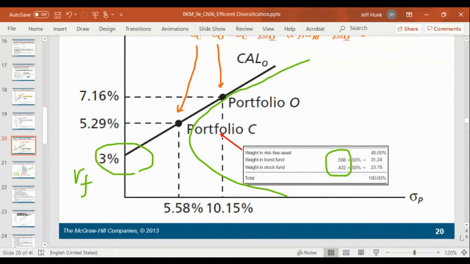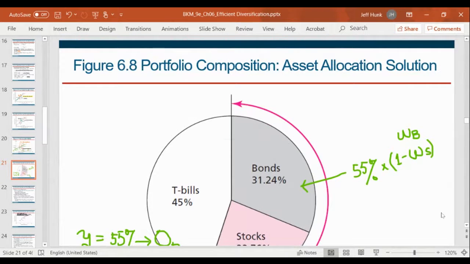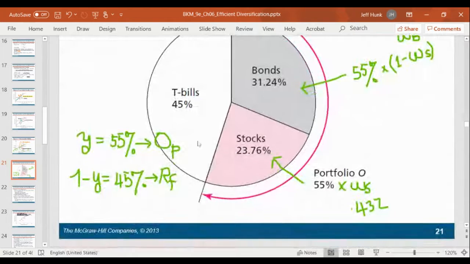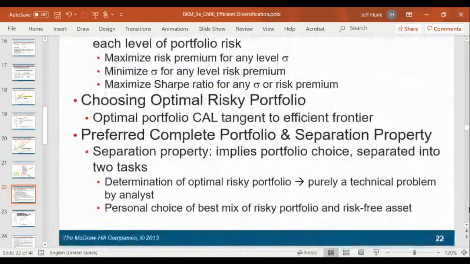That was 0.568 and 0.432, the weight in stock. Anyway, this came from a slightly different example, so that's why.